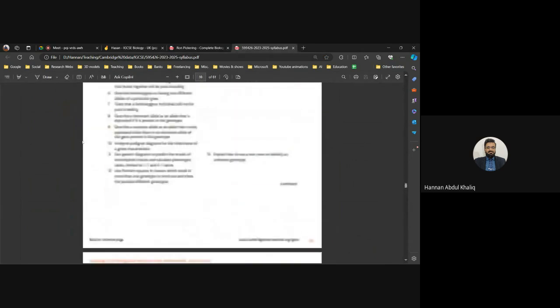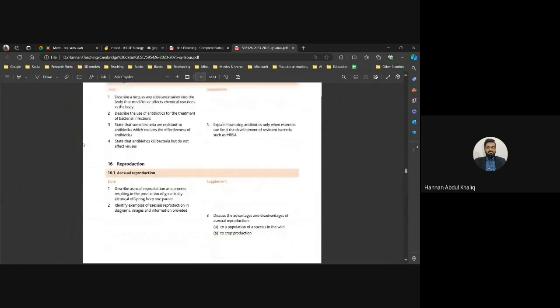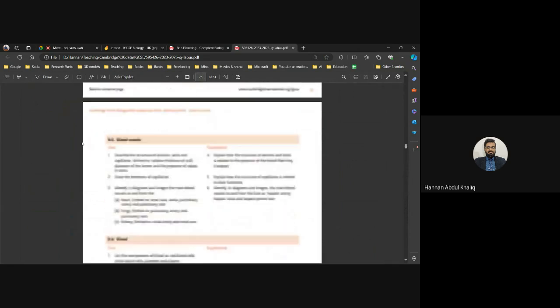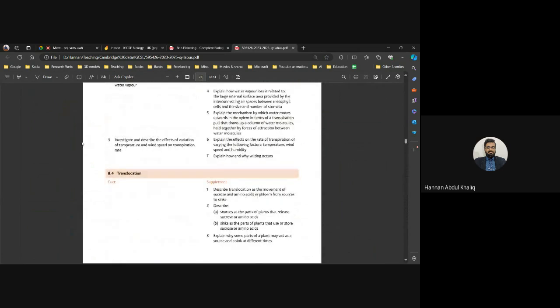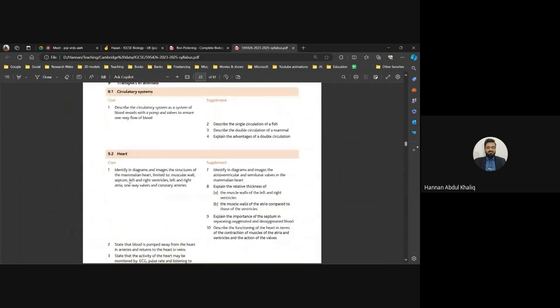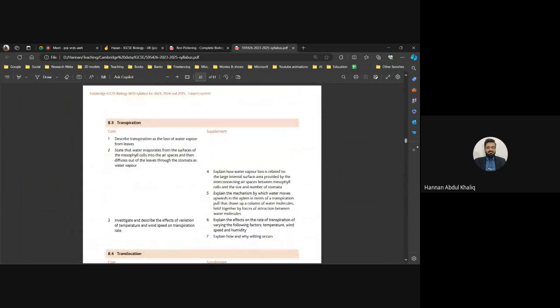Let me open the chapter that we just finished. Look at this: Transpiration. Investigate and describe the effect of variation of temperature and wind speed on the transpiration rate.